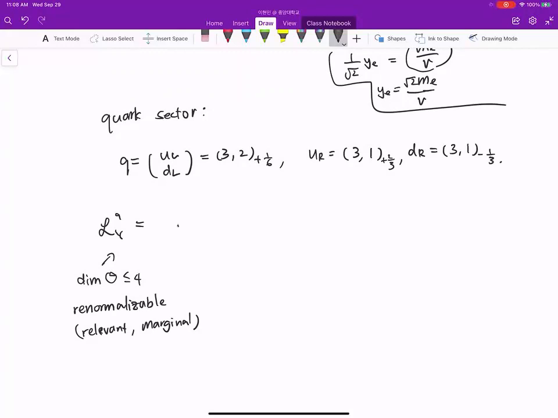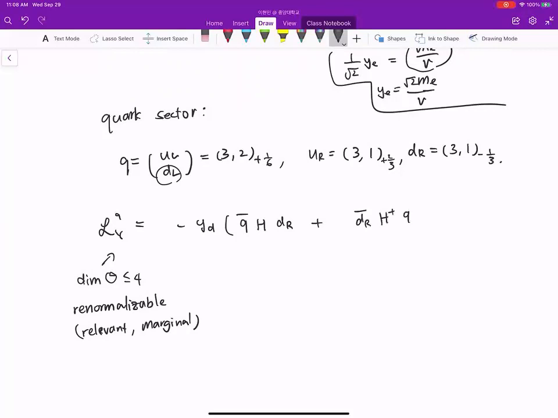So first the down type. I think the structure is the same as for the leptons in the case of the down-type Yukawa coupling. Instead of the lepton doublet, we have the quark doublet, and H, and the right-handed down-type quark, and the complex conjugation.